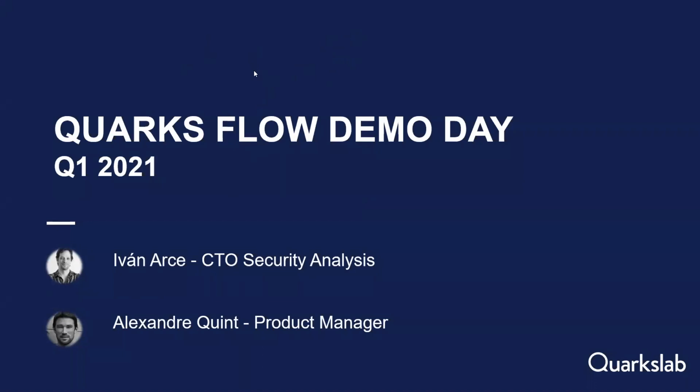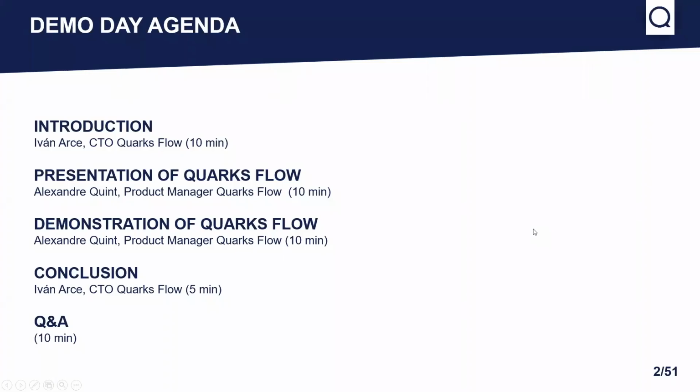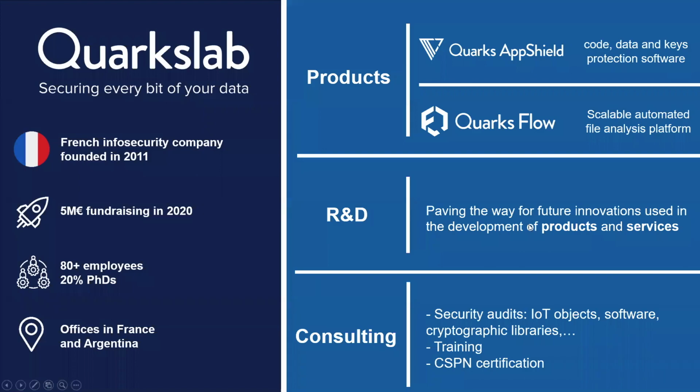Today we will talk about Quarks Flow, and this is the plan for the rest of the presentation. First, I will do an introduction, about 10 minutes, about Quarks Lab and our product, and specifically about Quarks Flow.